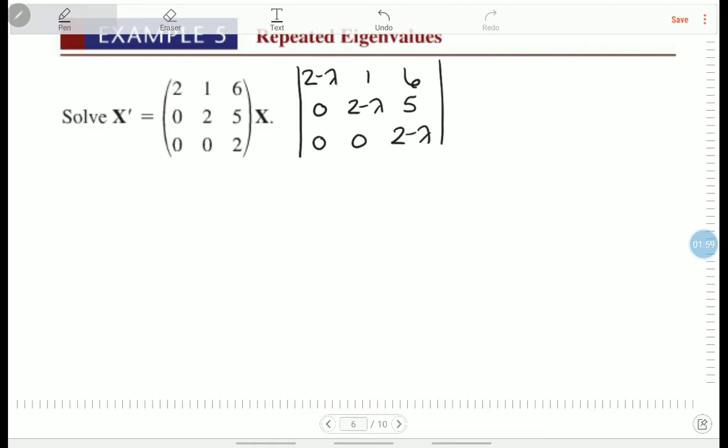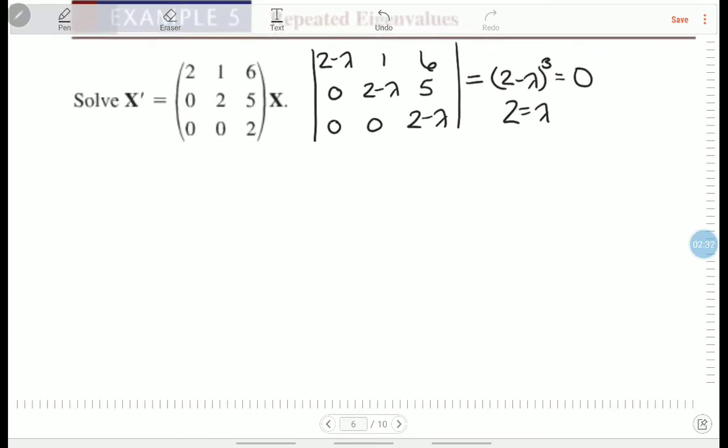We have things down the main diagonal and we have stuff above. We do not have anything below. So there is a shortcut for this guy. It turns out that the determinant of this matrix will be the product of the entries down that main diagonal. So we're going to have (2 minus lambda) cubed is equal to 0. Take the cube root of both sides, move lambda over, you're going to get 2 for your eigenvalue.